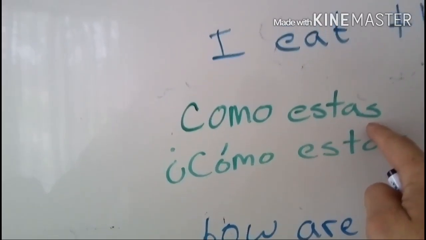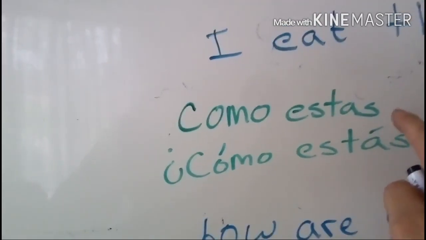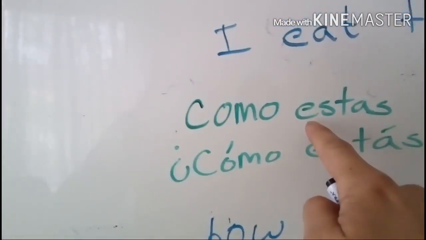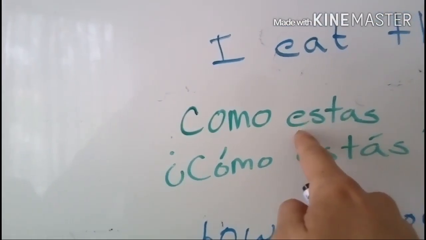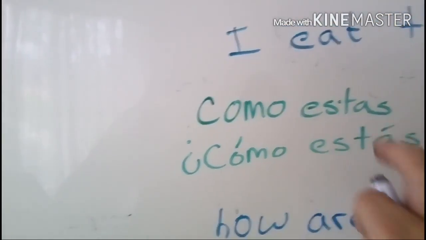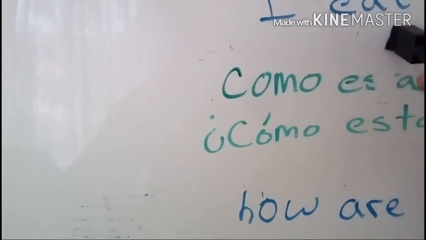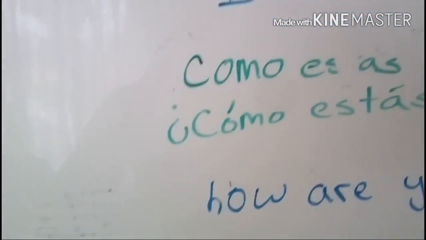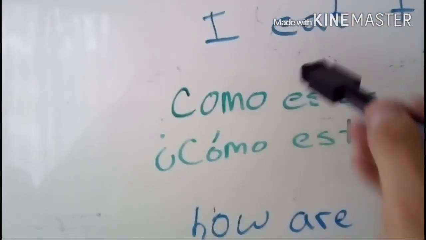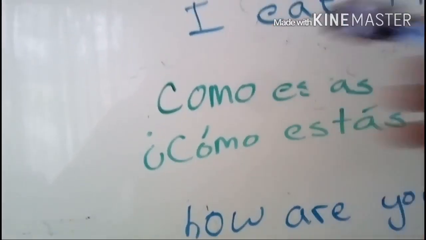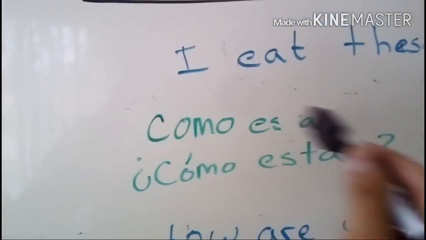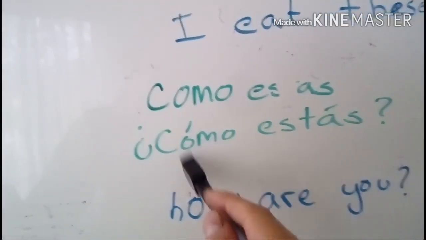It ends with S, but the stressed part is here, and if it's in this first syllable, you don't have to put an accent. So, como estas means I eat this, and ¿cómo estás? means how are you?